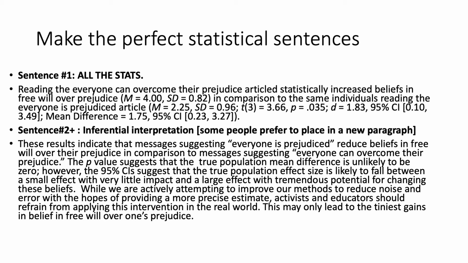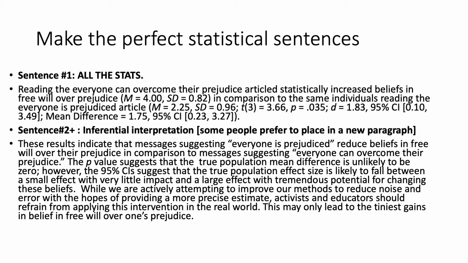That's how you do it. That's how you get it all in there. That's how you follow the rules from the previous section. The one thing that isn't italicized is CI, or 95% CI. Mean, standard deviations, t-scores, p-values, d-scores, all those are italicized.